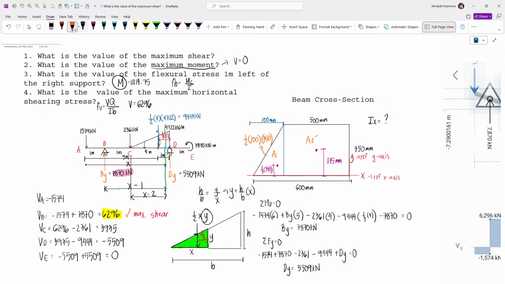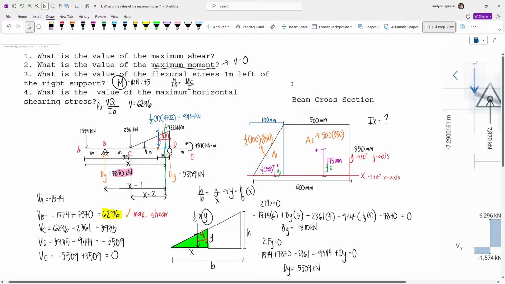And then for area 2, we have length times width, 500 multiplied by 350. Ana ra siya. So natay A1, A2, Y1, Y2. Ato lang label. Y1, Y2. Oh, makuha na nako ang I.